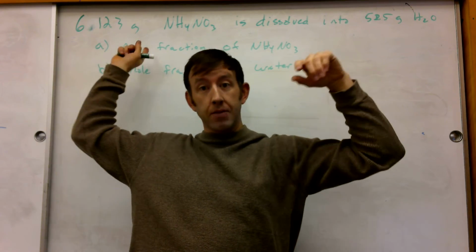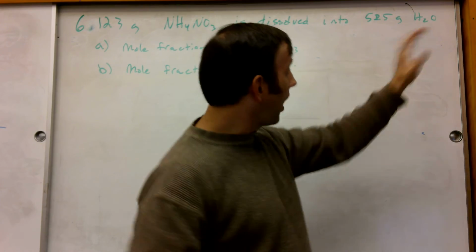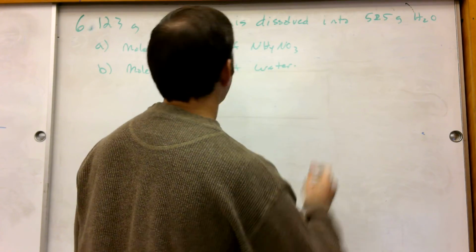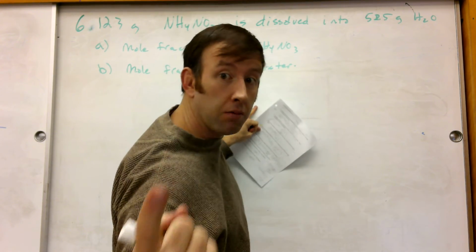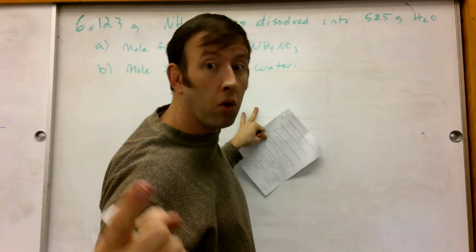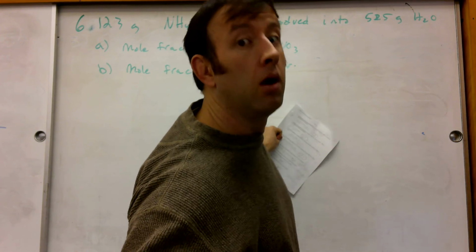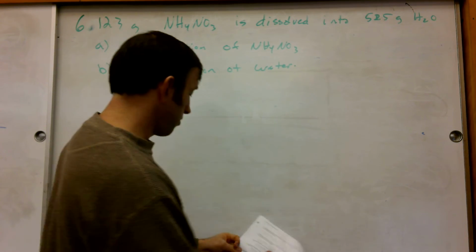I need to convert grams of this to moles and grams of water to moles, okay? So off to the side, we can do a quick calculation, right? So before we even start A and B, convert everything to moles for mole fraction. Okay.